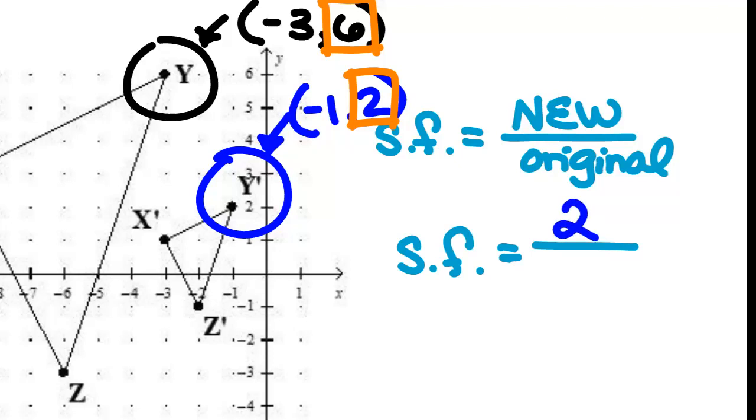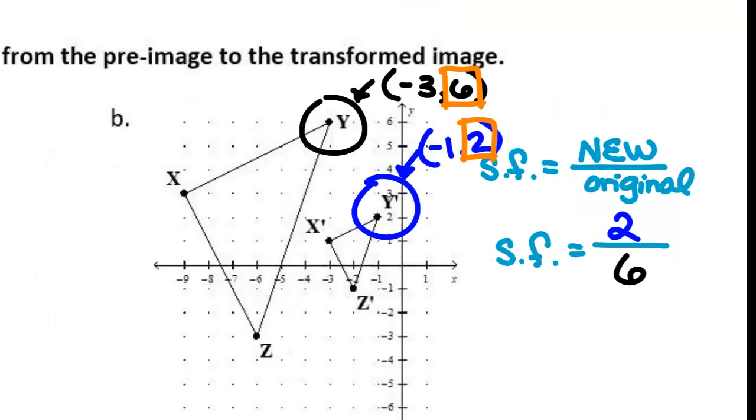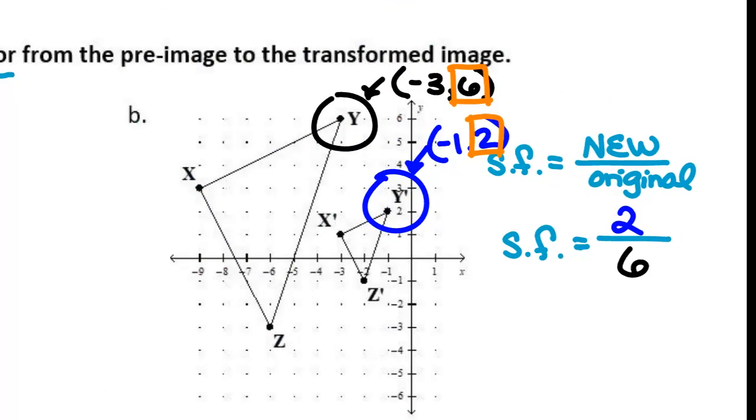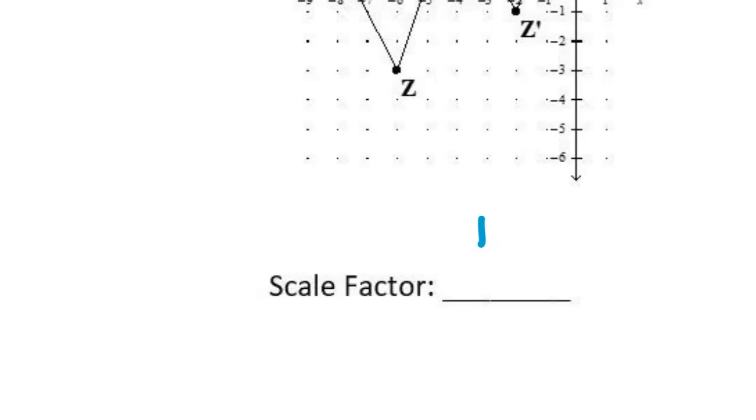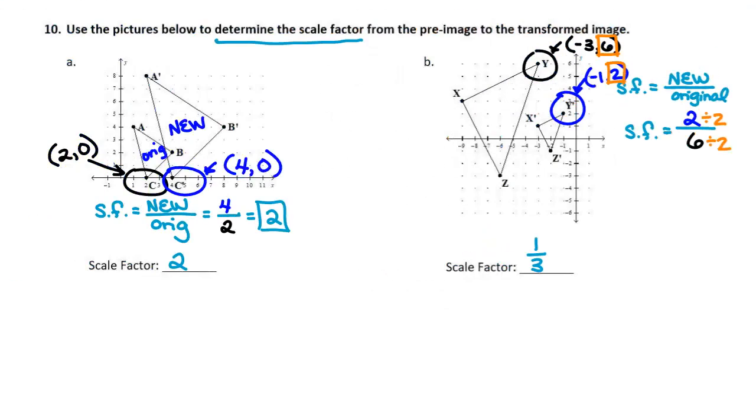What goes in the denominator? 6, because I have to use the corresponding part. Is 2 over 6 in simplest form? No. What do I have to do? Simplify top and bottom by dividing them by 2. And this gives me what for my final answer? 1/3.